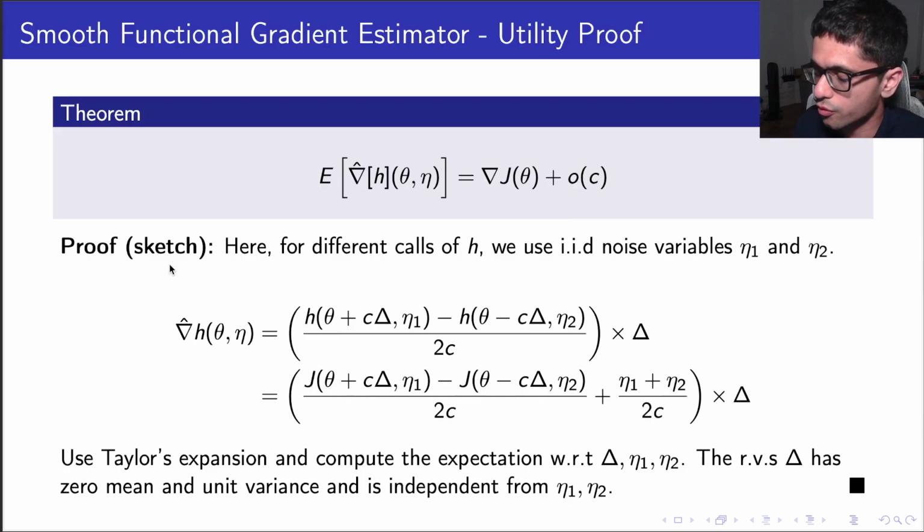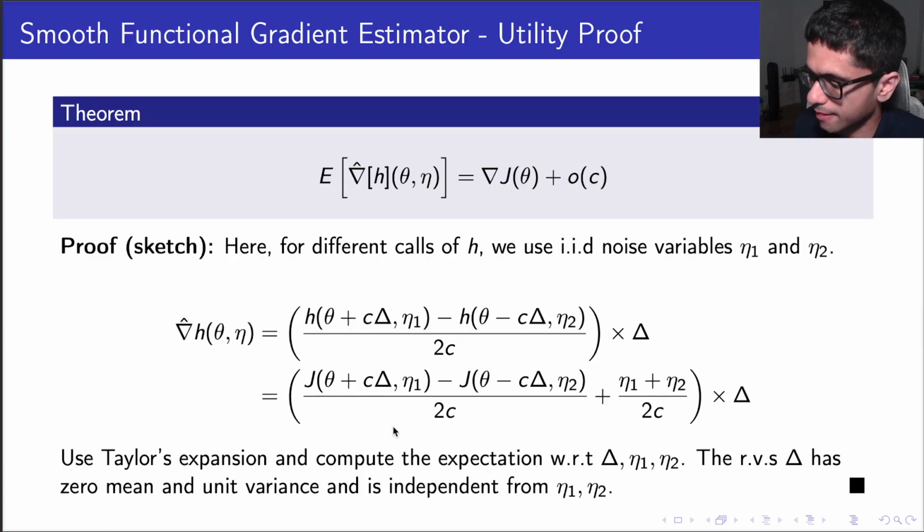So the proof, or the sketch rather, is as follows. So we have grad hat h, and then from the definition of h we just get this.